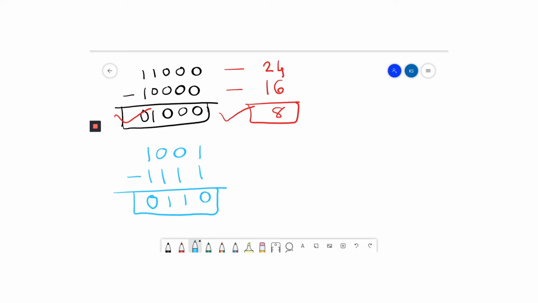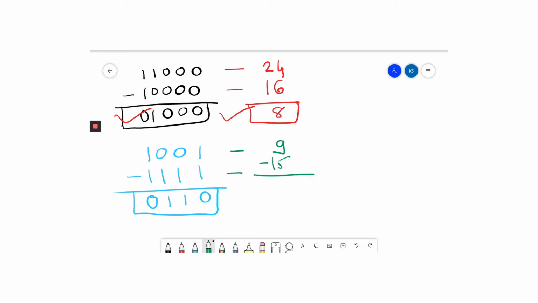How to validate it? To validate it, we'll check the decimal numbers for the values. Okay, so 1001 is the binary for the number 9, and we are going to subtract 1111, that is the binary for 15, right?